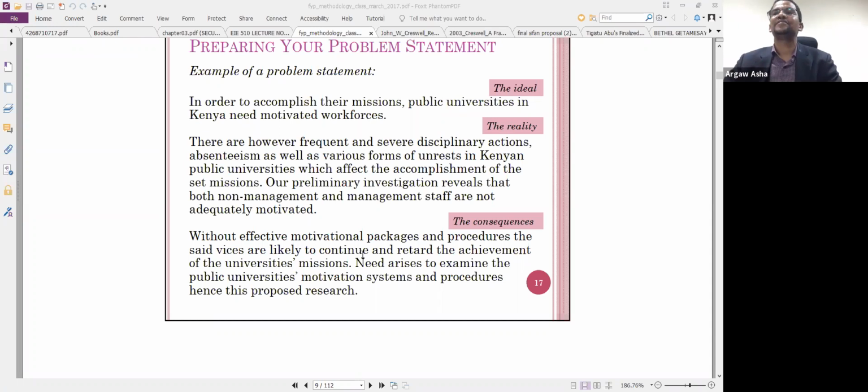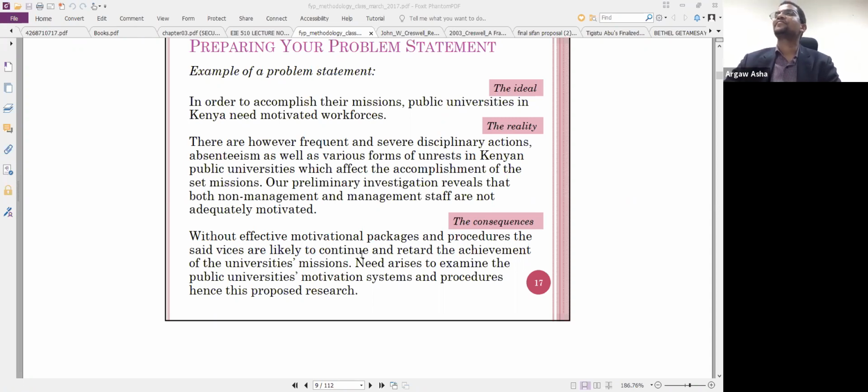The reality is that there are, however, frequent and severe disciplinary actions, absenteeism, as well as various other forms of problems in public universities in Kenya, which affect the accomplishment of the set missions. Our preliminary investigation reveals that both non-management and management staff are not adequately motivated. These are the reality.